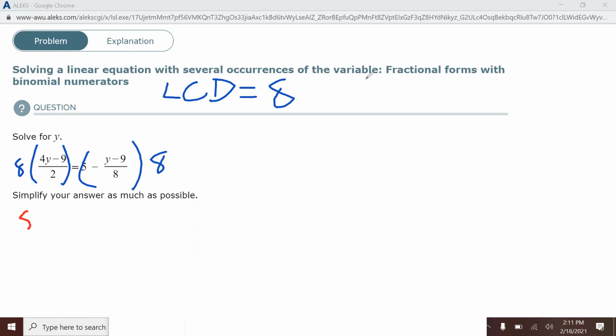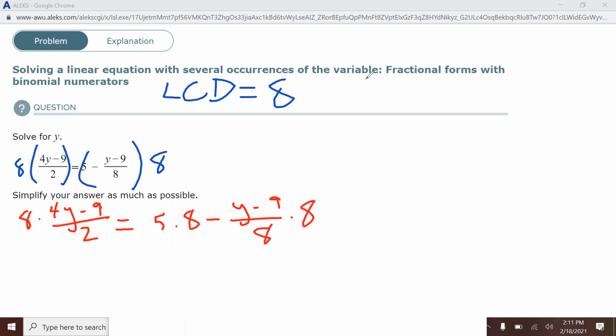And I get this. At this point, the 2's cancel, leaving behind a 4, and these 8's both cancel.